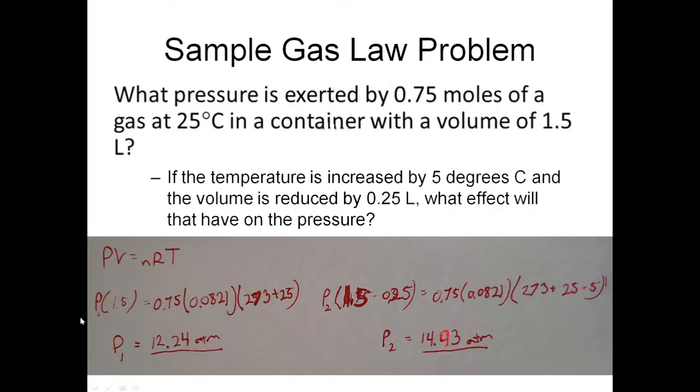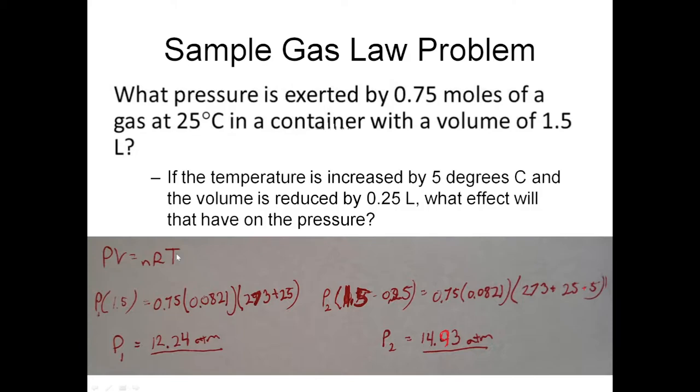So pressure is going to be our unknown, multiplied by our volume, 1.5 liters, equals number of moles times R. We are going to be able to use liters and atmospheres for our pressure and volume units, so we can use the R value from the previous slide. Lastly is temperature.